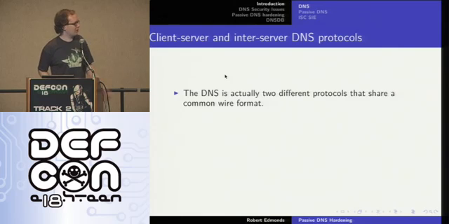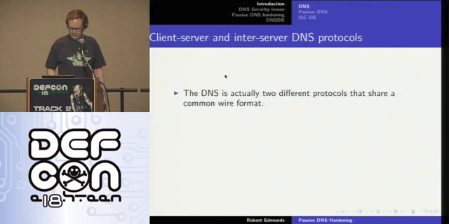So we have 2 different protocols. One that the client speaks to the cache, and one that the cache speaks to the content name servers. And these are fairly different semantics, but they use the same wire protocol. So the DNS is commonly considered to be port 53, but it's terrifically complicated.